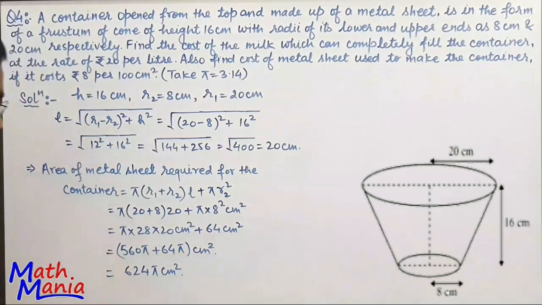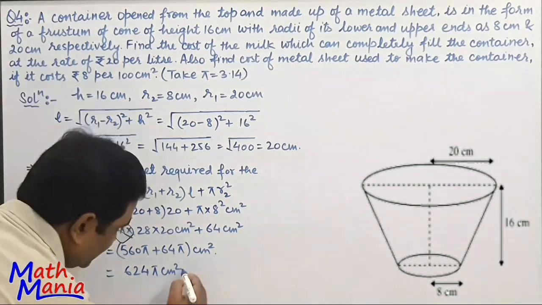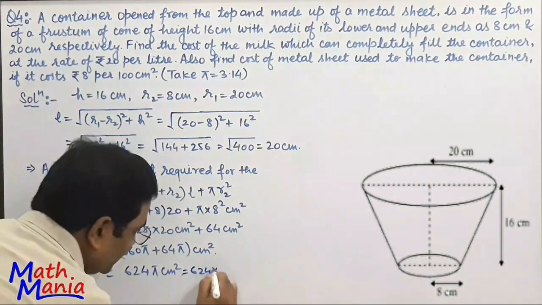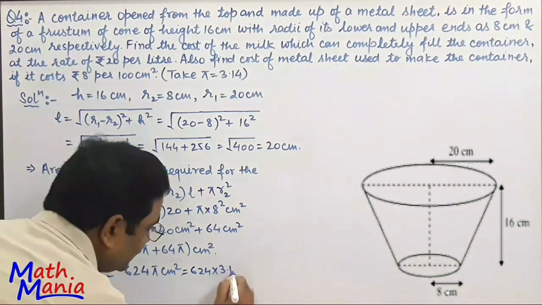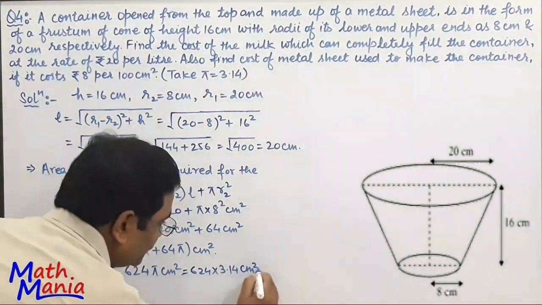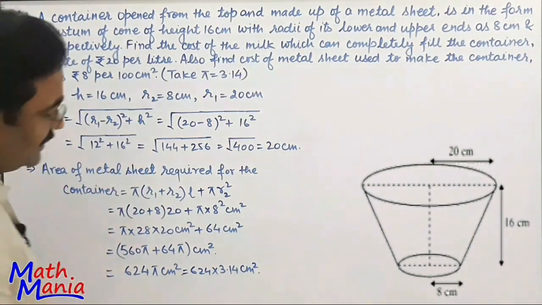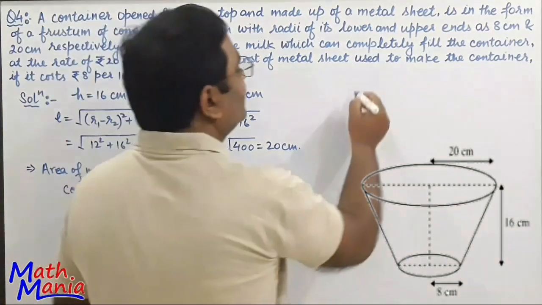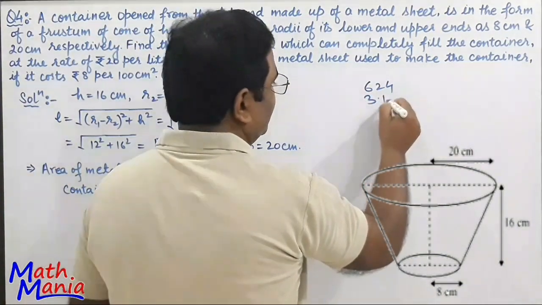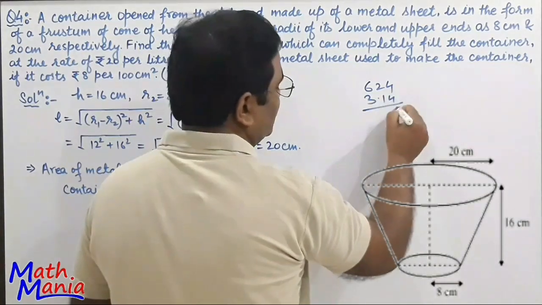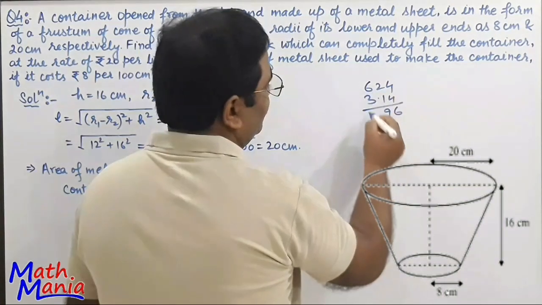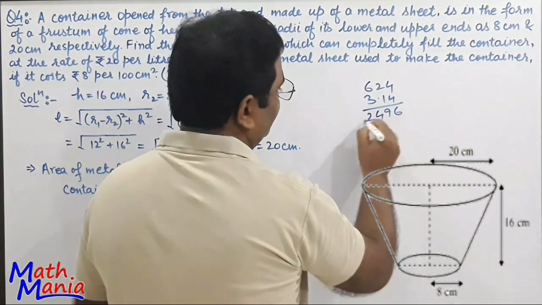Now you can substitute the value of pi here. So 624 multiplied by 3.14 centimeter square. So let's multiply it. 624 into 3.14. 4 4s are 16, 4 2s are 8, 19, 4 6s are 24.